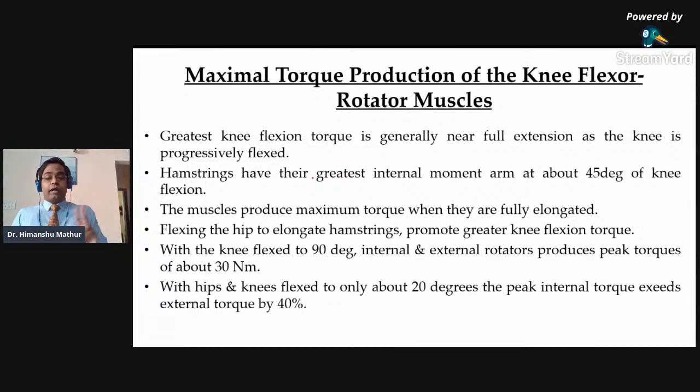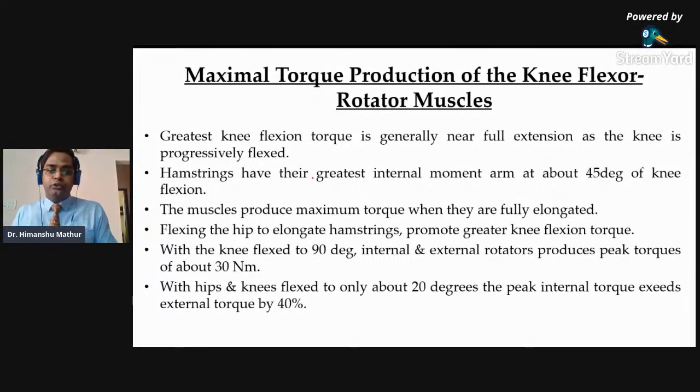The second factor is that in complete extension, the flexor group of muscles gets stretched to their maximum length. In that case, a stretch reflex is initiated, which promotes the muscles to contract, and with more contraction because of the stretch reflex, there will be more torque generation of flexion at the knee joint.